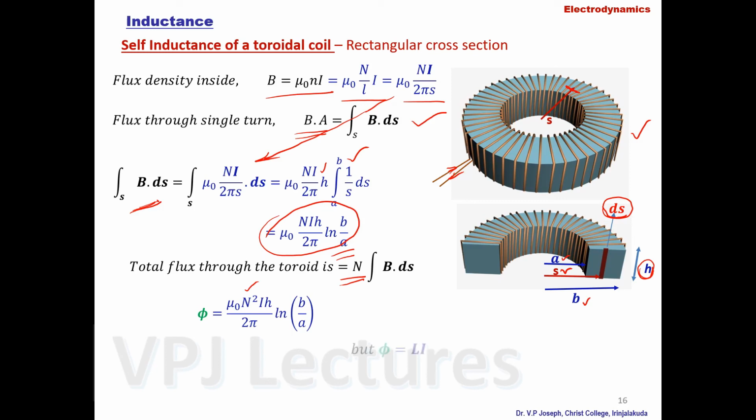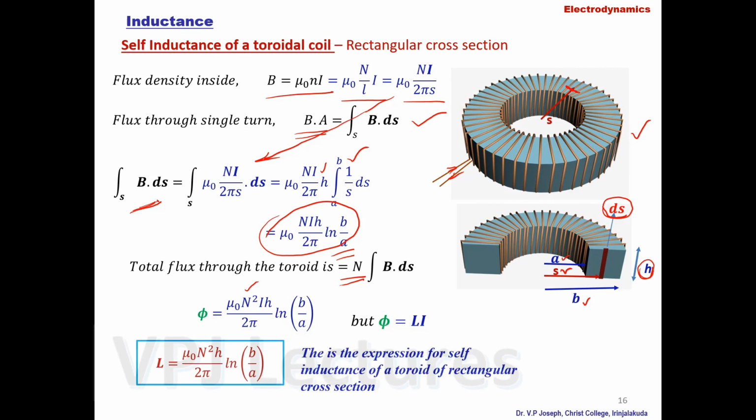Now the next step is quite clear. Equate that to Li, so that L is equal to this expression divided by I, so that I cancels out. So the final expression changes to L is equal to mu 0 n square h by 2 pi log b by a, and this will be the expression for the self-inductance of a toroid of rectangular cross section.